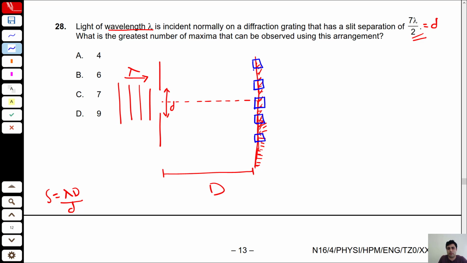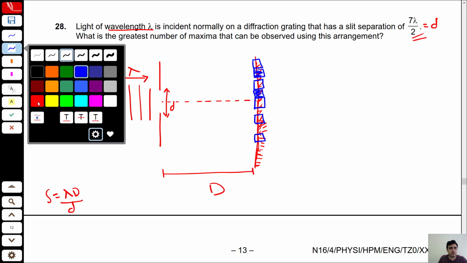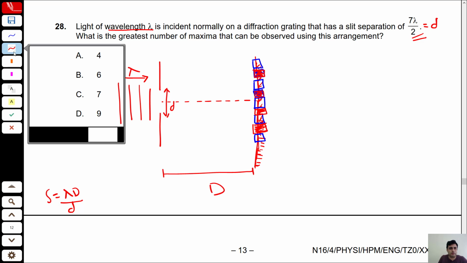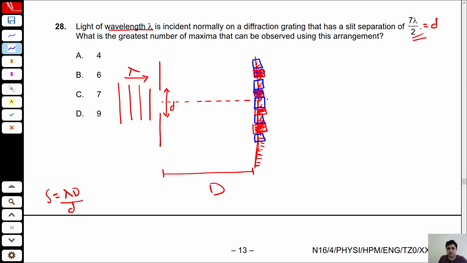So there's a minima here, call it a dark spot, because minima is where destructive interference happens. This maxima is always there, and this is the central maxima. The distance between these two is actually 2s, and half the width between the central maxima is s.